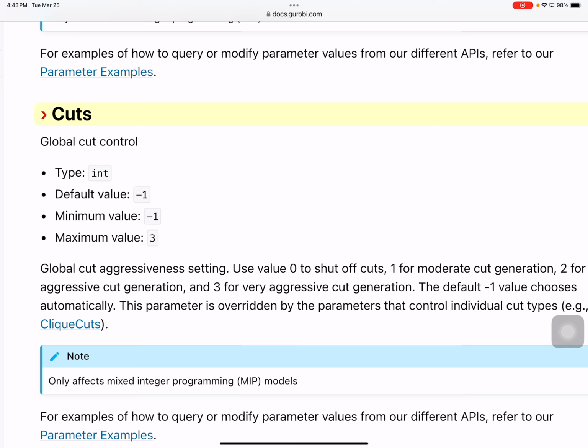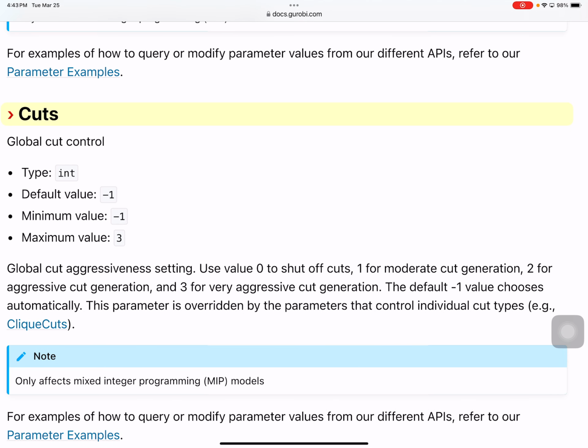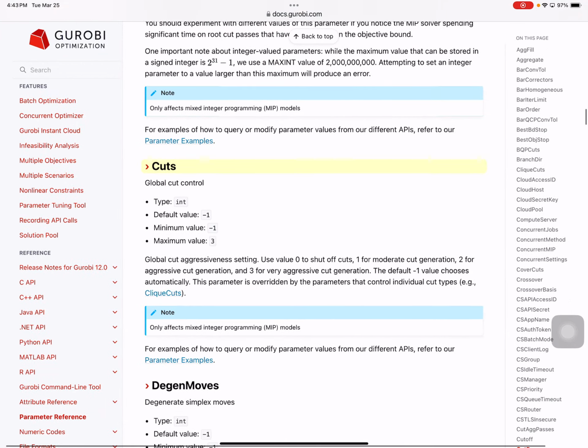For example, if you're curious what a pure branch and bound algorithm would give you, and you don't want to solve it using cutting planes, you can specify this as 0. And 1 means moderate cut generation, 2 is aggressive cut generation, 3 is very aggressive cut generation. How aggressive is very aggressive? They didn't tell you, but at least there are integer levels of values you can choose.